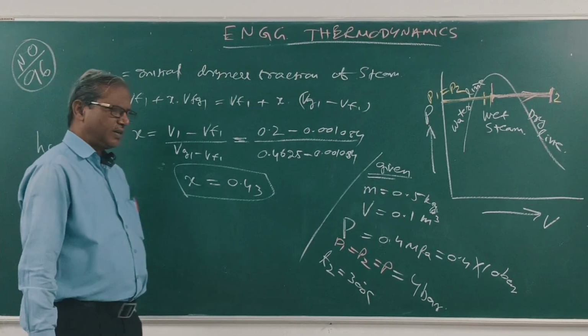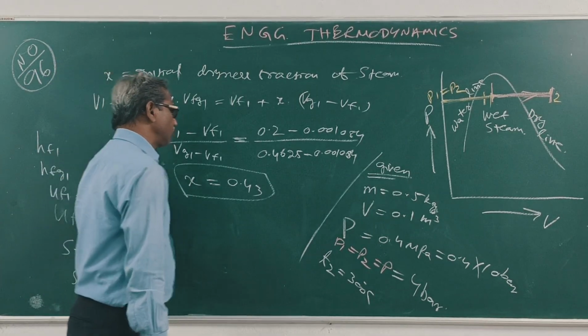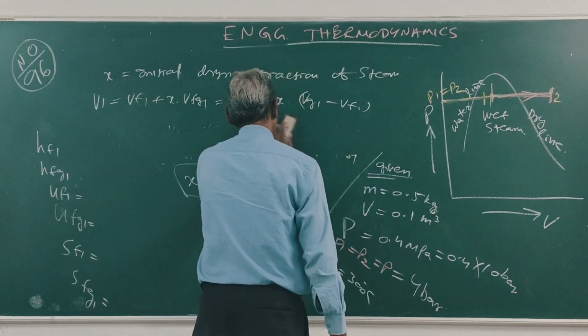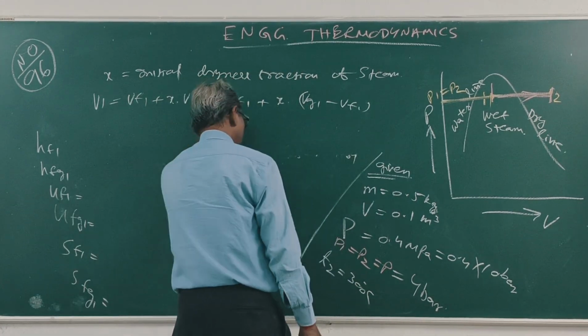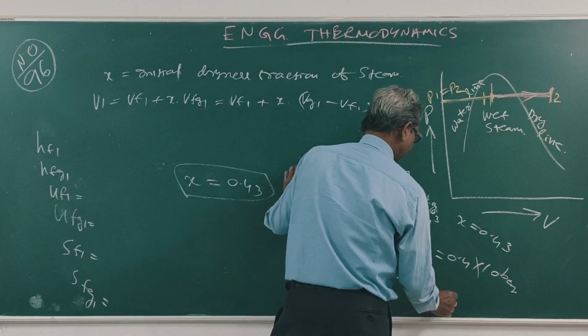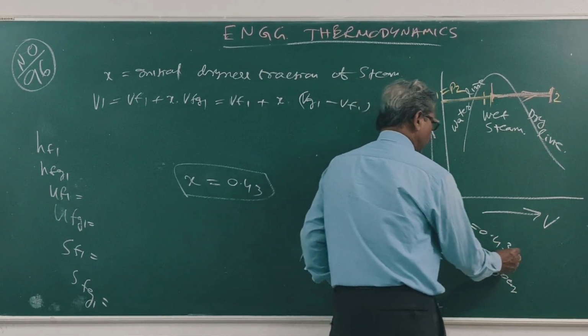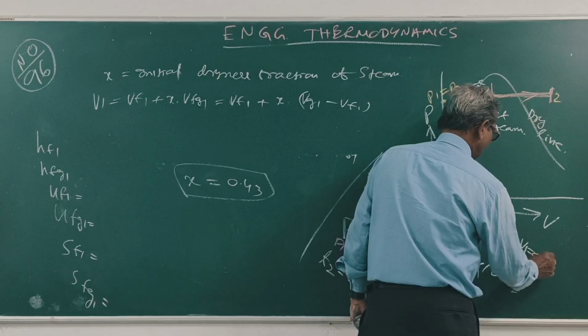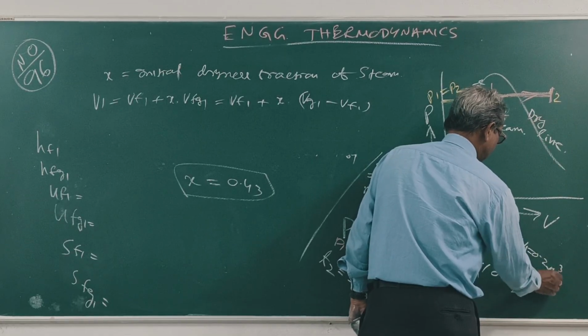Find all the values. x is equal to 0.43 and v1 is equal to 0.2 meter cube per kg.